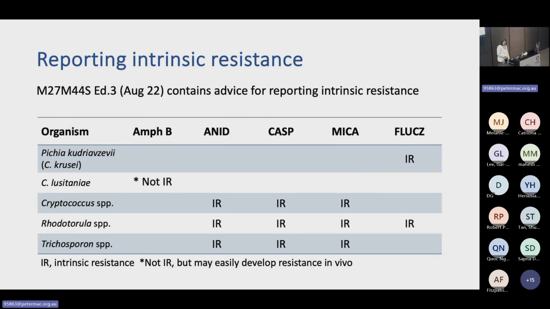The basidiomycetous yeasts, Cryptococcus, Rhodotorula, and Trichosporon, can all be reported as intrinsically resistant to the echinocandins, and Rhodotorula species are also resistant to fluconazole. CLSI do make the point that Candida lusitaniae is not intrinsically resistant to amphotericin B, despite popular opinion, but it can easily develop resistance in vivo.